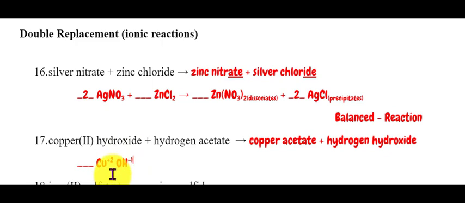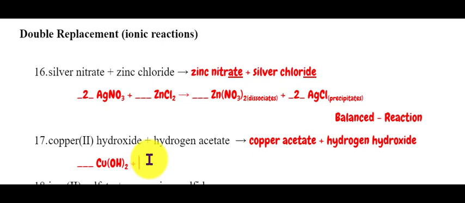So in order to make it neutral, I need 2 of these. So I'm going to put parentheses because it's a polyatomic, and then 2. So now there's +2, -2. And we are neutral. Okay.